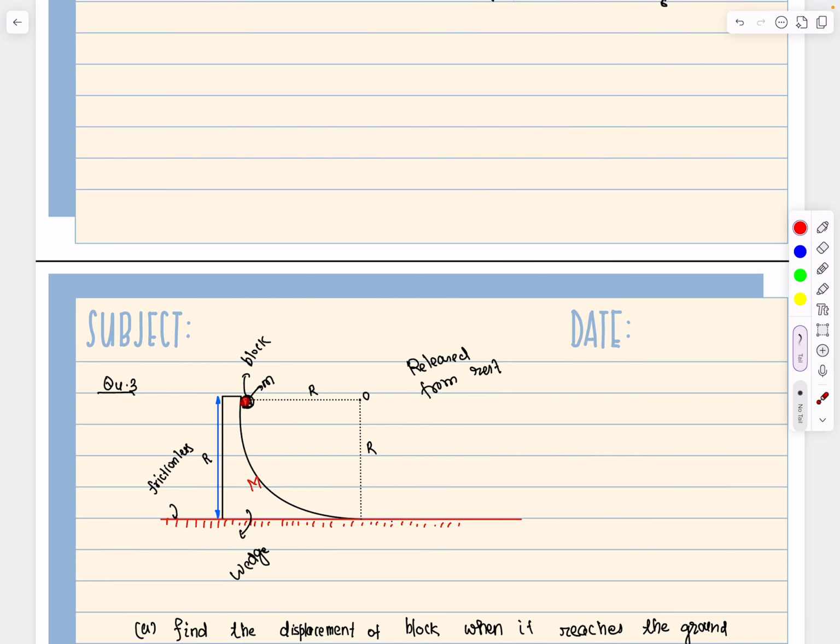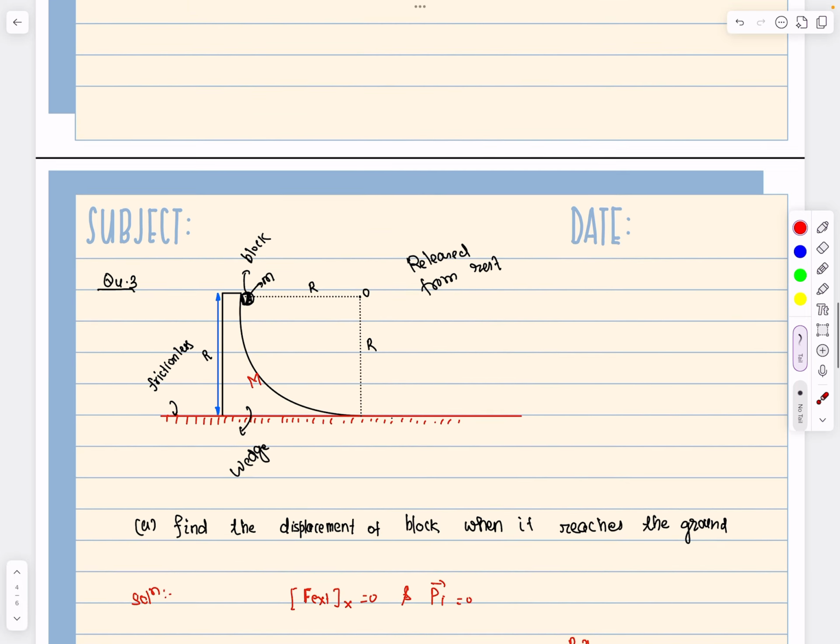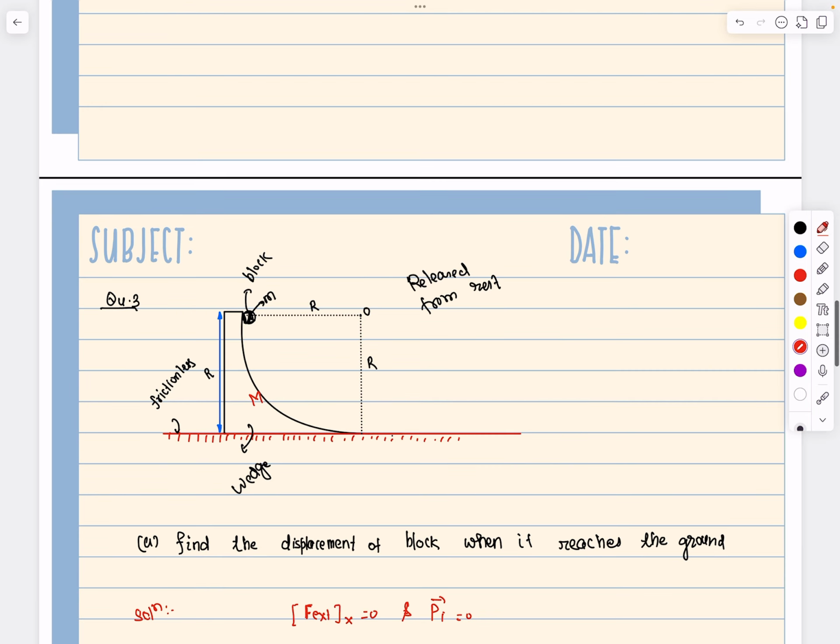First, when the block has reached the bottommost point, the wedge will be displaced in some direction, so what is the displacement of the wedge as well as the displacement of the block when it comes to the ground? Second, what is the speed of the block when it comes down? Let's try to solve these questions.